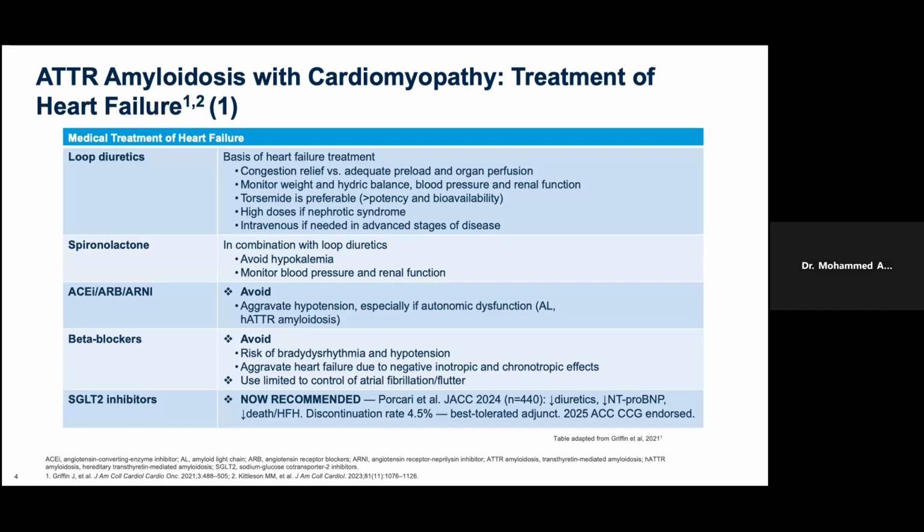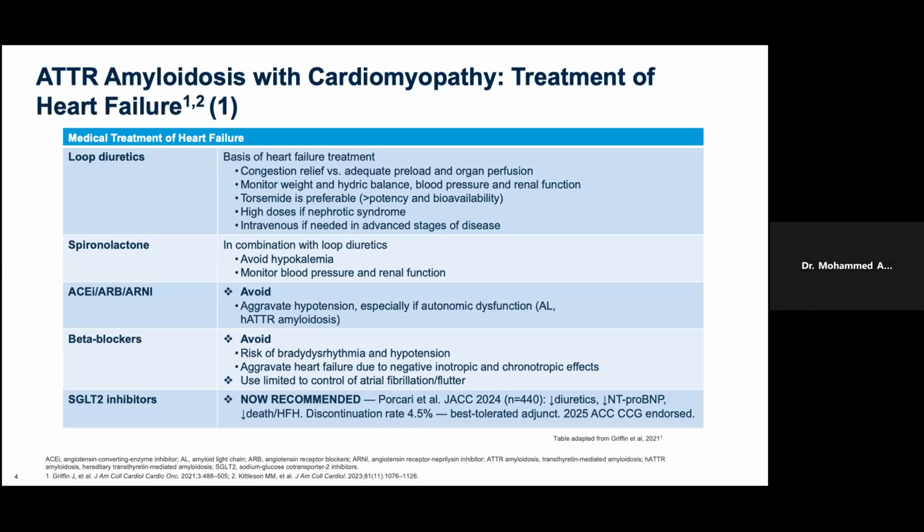The cornerstone of heart failure management in ATTR cardiomyopathy is careful volume control. Loop diuretics remain the first-line therapy to relieve congestion while maintaining adequate preload and organ perfusion, monitoring weight and fluid balance, blood pressure, and renal function.